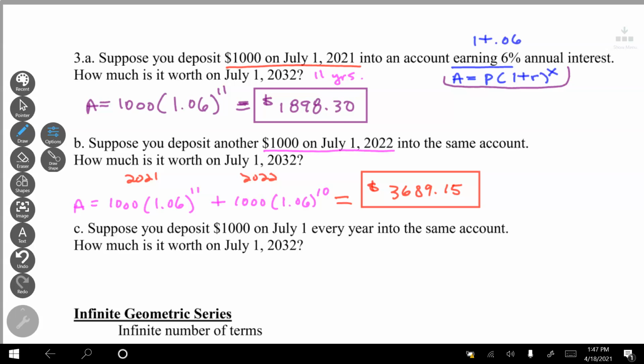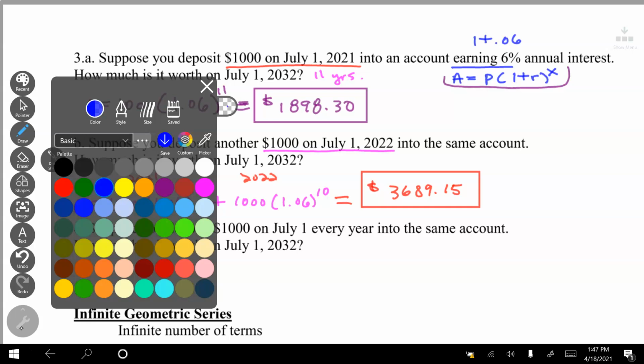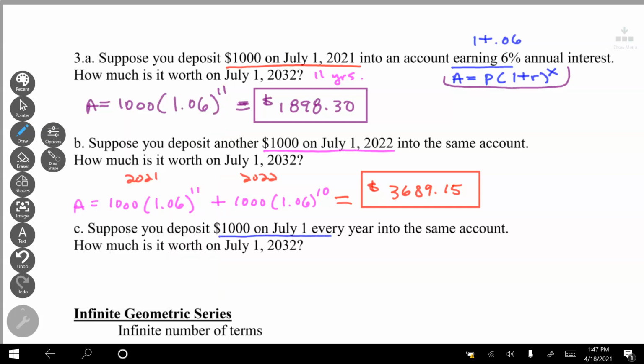I'm making interest. Let's say we do $1,000 every July 1st in the same account, and I want to see what I have on July 1st of 2032.